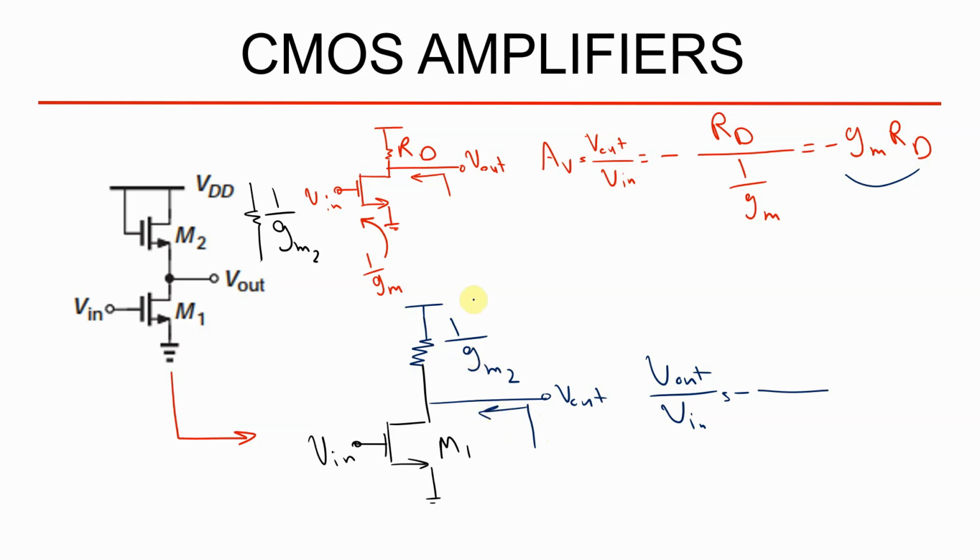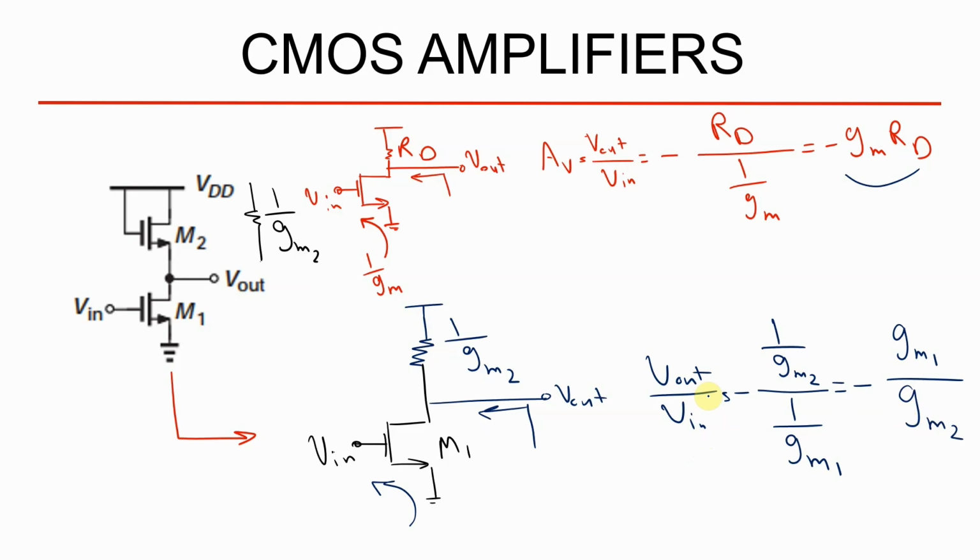From the output you can see just 1 divided by GM2, and here again the resistance seen from the source through the device, when the input is short circuited to the ground, is 1 divided by GM1. Try to use that subscript because there are 2 different transistors. So the gain would be, by some simple mathematics, minus GM1 divided by GM2. This is the final gain of this amplifier.